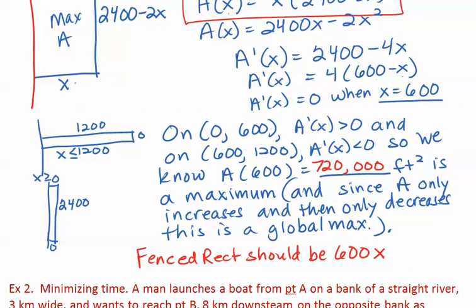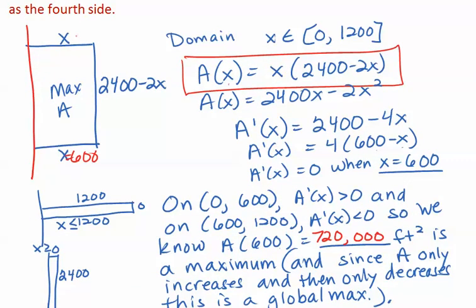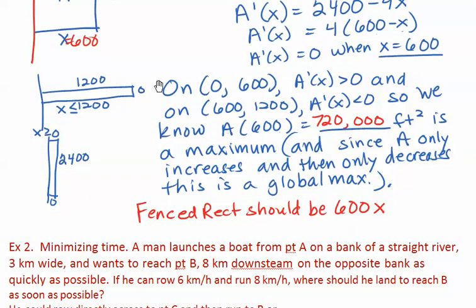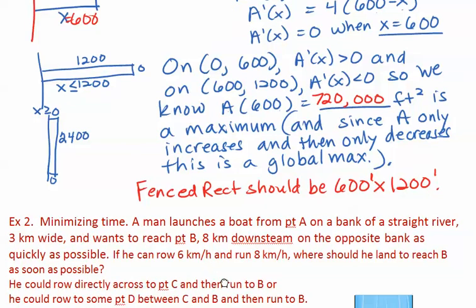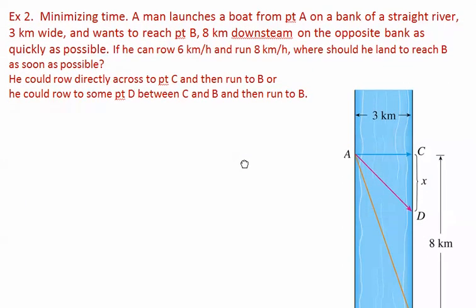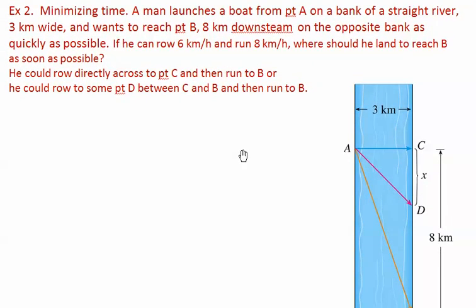If this is 600 for this side and 600 for the top side, then we've used up 1,200, so we know that it's going to be 600 by 1,200. 600 feet by 1,200 feet. Okay, so for sure we've answered the question then. Our next example is quite a bit more complicated, so it takes some time to make sure we understand it.